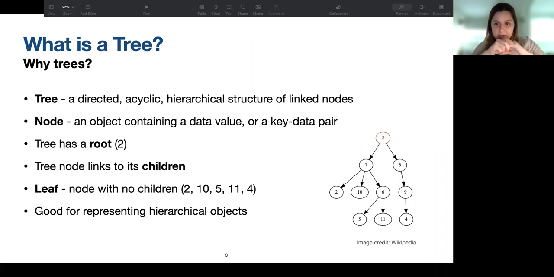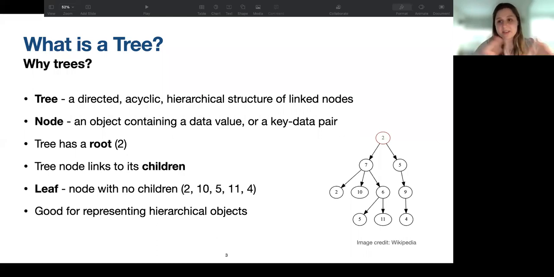And finally, you can notice that there are a few nodes at the very bottom which have no outgoing links from them. These nodes are called leaves. So in this particular tree, such nodes are 2, 10, 5, 11, and 4.